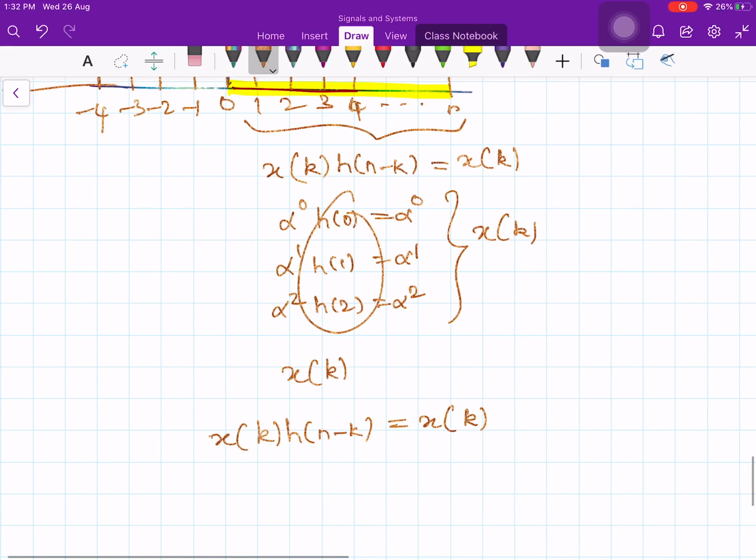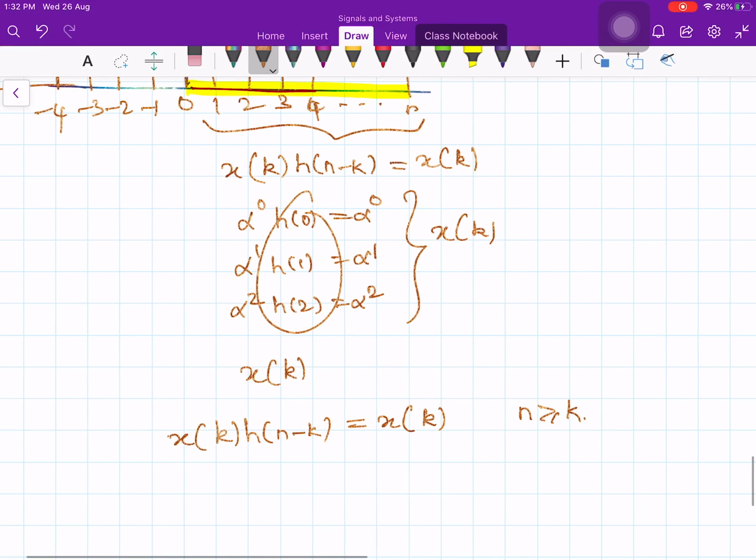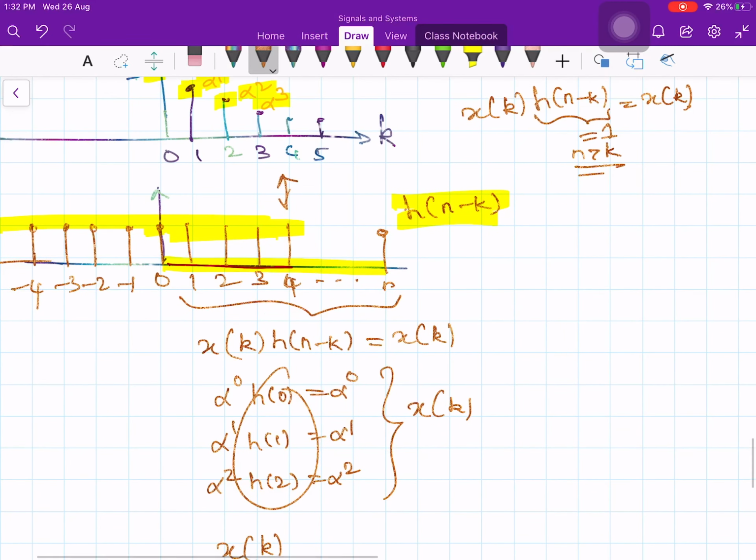Because you are including that sample also, you put greater than or equal to k, not strictly greater than. Okay.